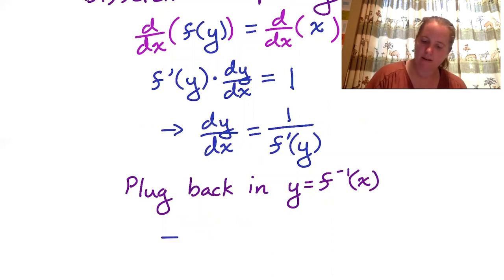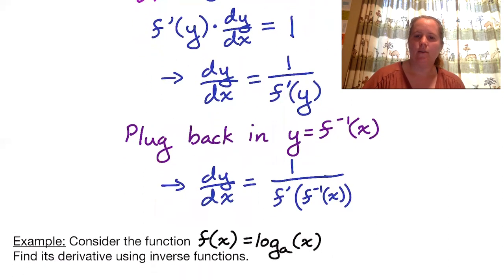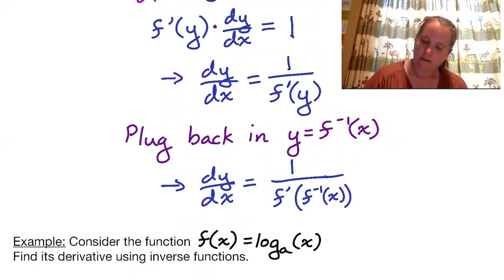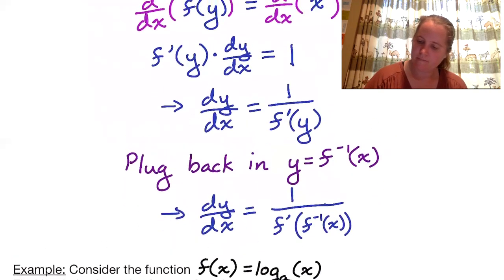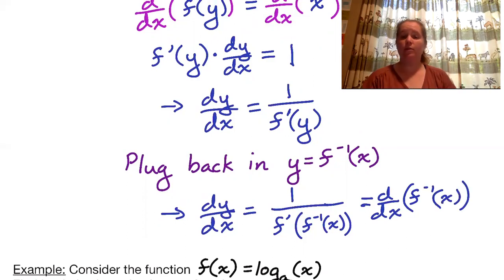And we wind up getting that dy dx is equal to 1 over f prime evaluated at f inverse of x. Or in other words, the derivative with respect to x of f inverse of x is equal to 1 over f prime evaluated at f inverse of x.